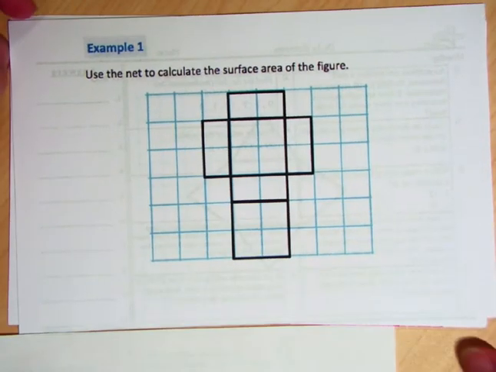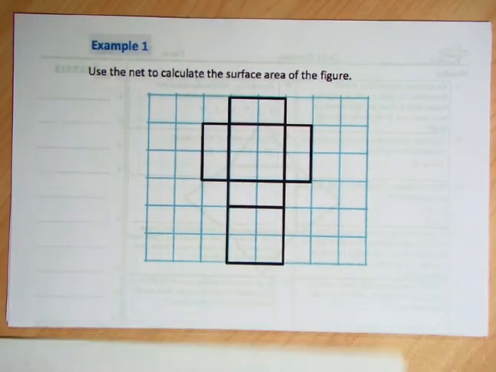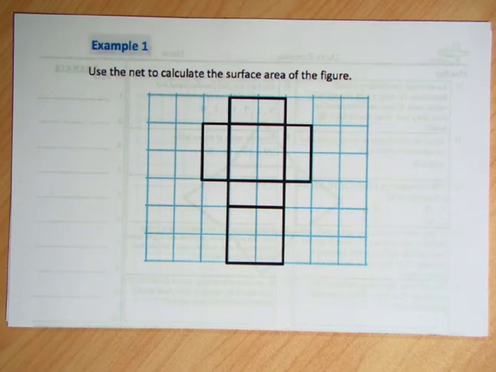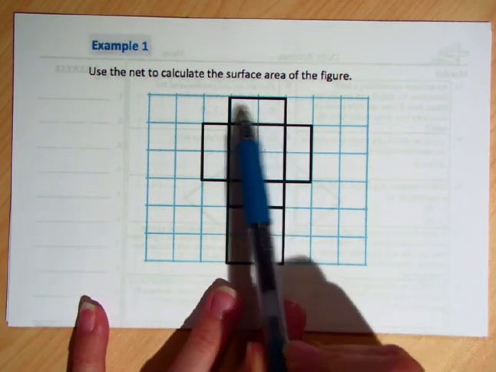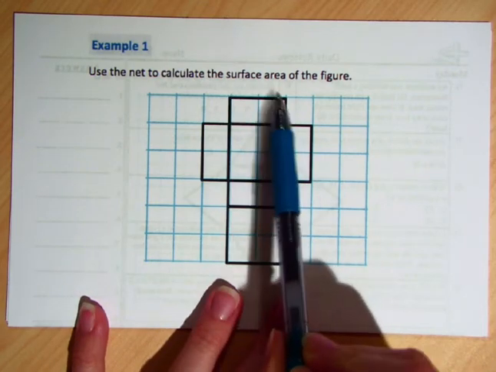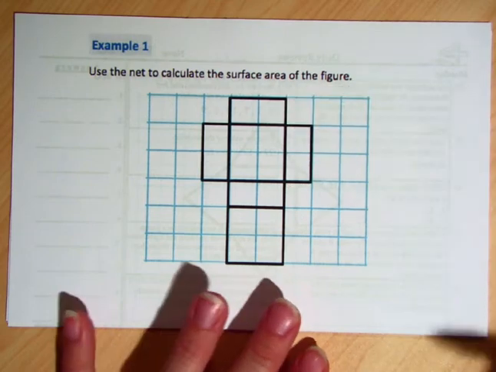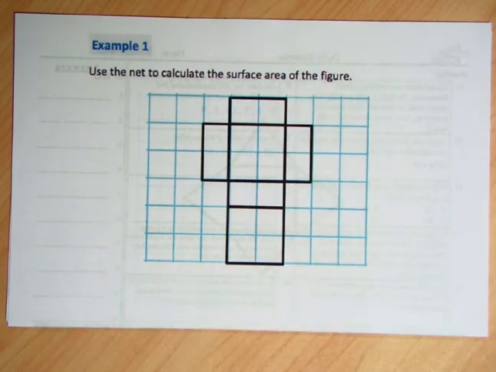All right, let's look at example number 1. Example number 1 says use the net to calculate the surface area of the figure. The first thing that we're going to do is put the dimensions on there. So we're going to use the boxes to go 2 units by 1 unit and so forth. Let me choose a different color. This one's going to kind of blend in a little too much with our lines.